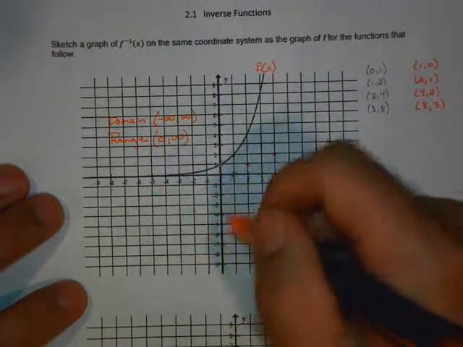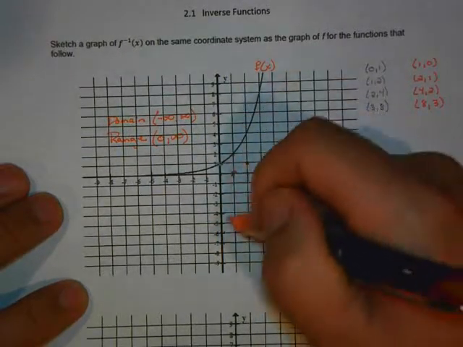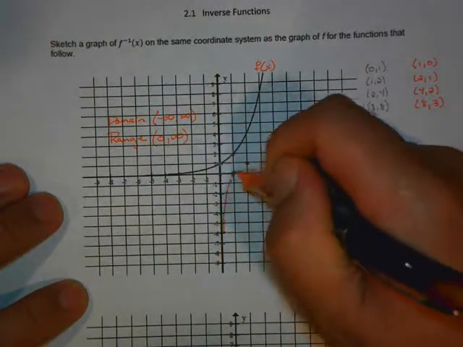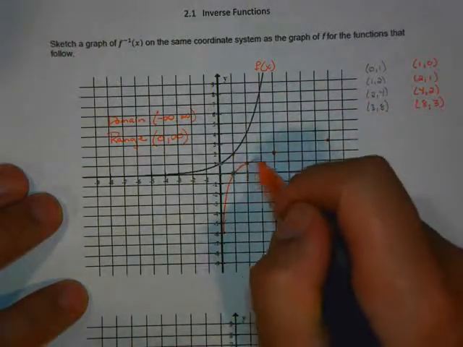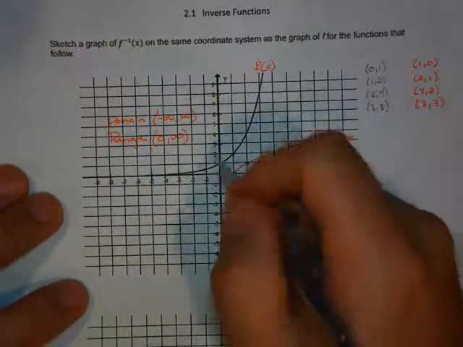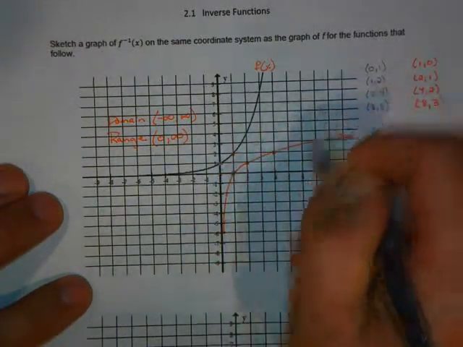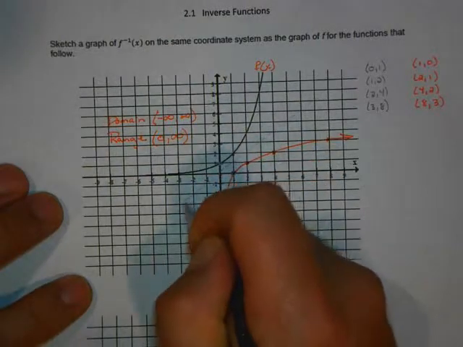And then as it gets closer, it's going to get closer to my y-axis. So our graph is going to come up and turn. And again, it should look pretty symmetrical to that y equals x.